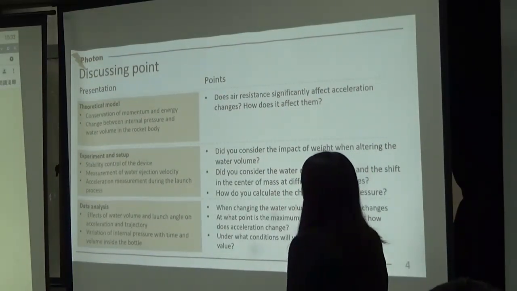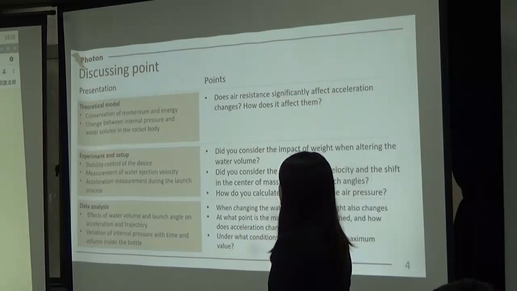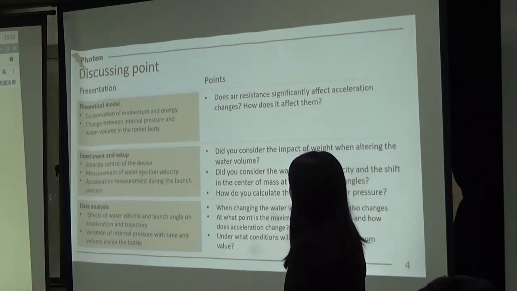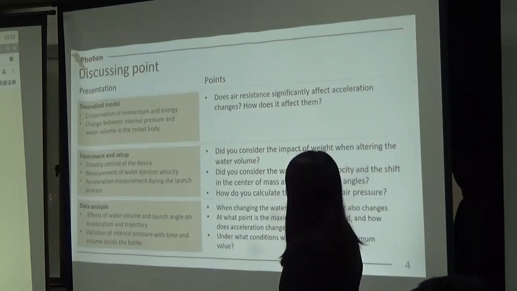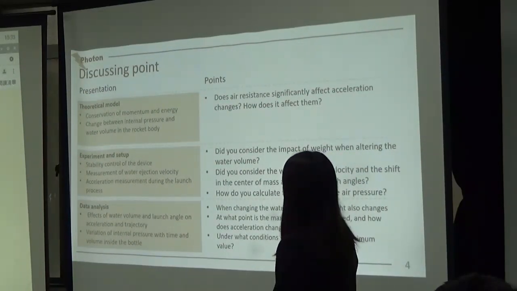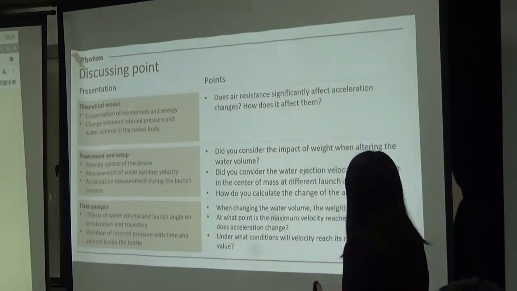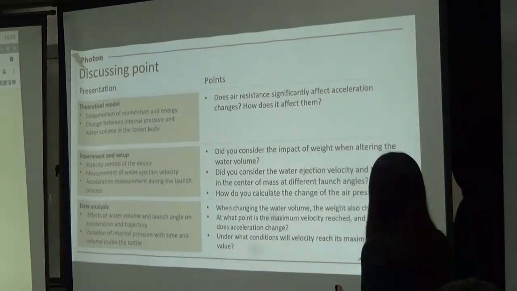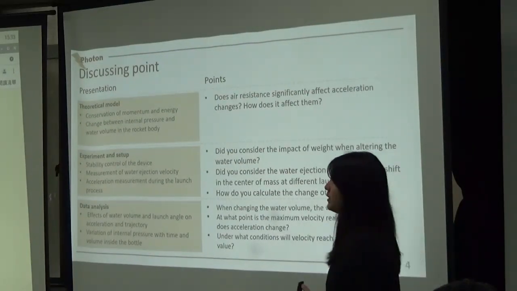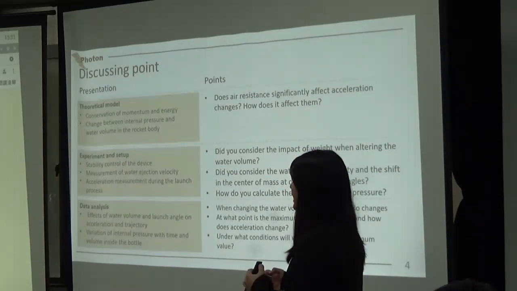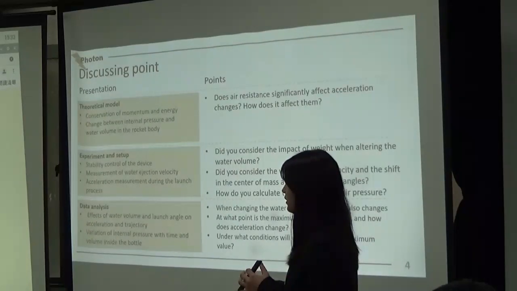About the experiment and setup, I want to discuss the stability control of the device and the measurement of the water ejection velocity and the acceleration during the launch process. I want to ask, did you consider the impact of the weight when altering the water volume? Because that will also cause the energy and torque to change, and that will affect your data.